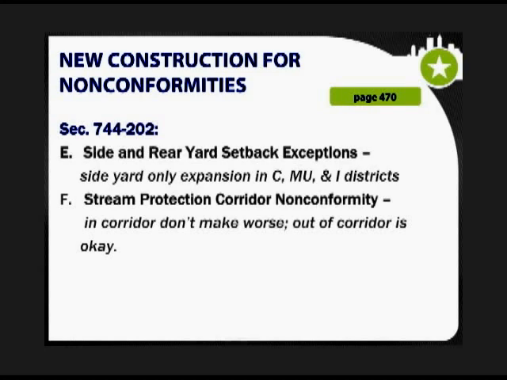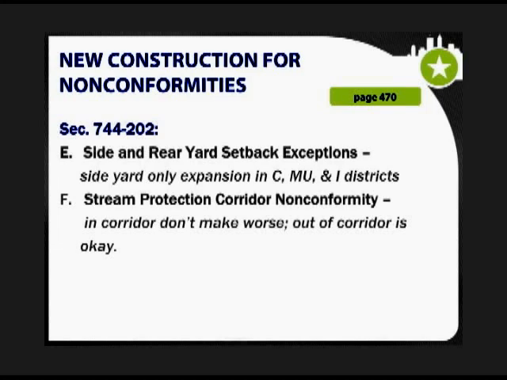The next one deals with our new, and what I think is very exciting, but it will be very challenging, is our stream protection corridor. The stream protection corridor is going to say you have to be a certain number of feet away from the top of the bank of a stream to protect our water quality. In this section, it says, what about stuff that's already in that area?